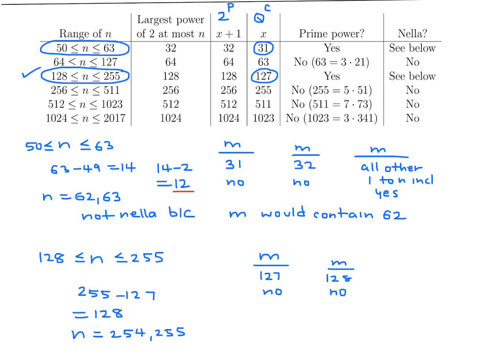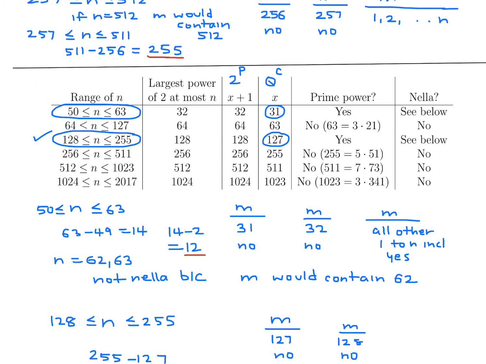But if n equals 254 or 255, m would contain 254. And therefore this would become divisible. So that's a problem. So from this 128, we actually have to subtract these two guys. So it'd be 128 minus 2 is the actual number, and that is 126.